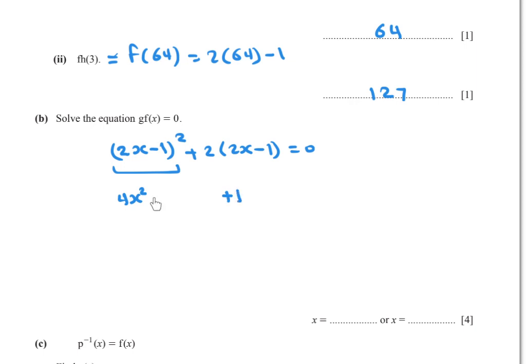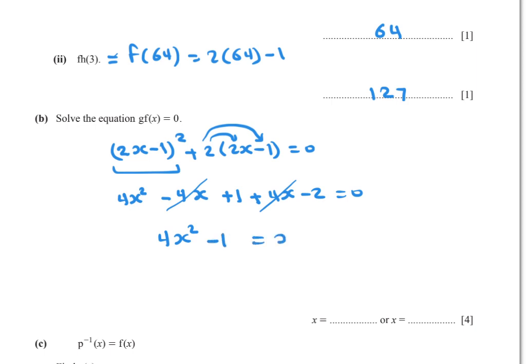And for the middle term, 2 times negative 1, negative 2, negative 2 times 2x, negative 4x, plus 2 times 2x, 4x, 2 times negative 1, negative 2, is equal to 0. Combine the like terms. Negative 4x and positive 4x cancel. So 4x squared. 1 and negative 2, so minus 1 equals 0.